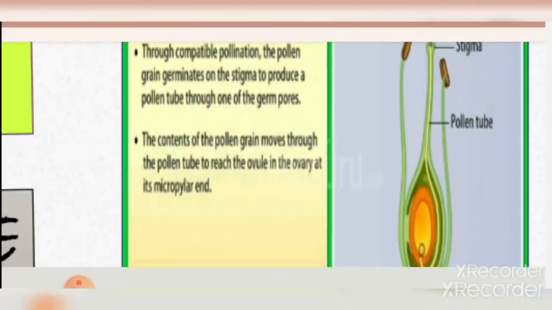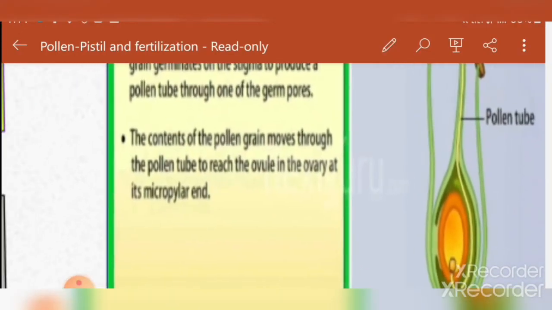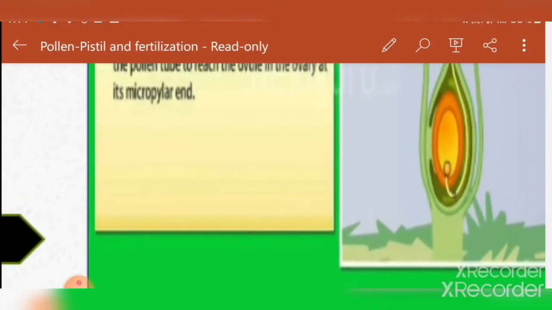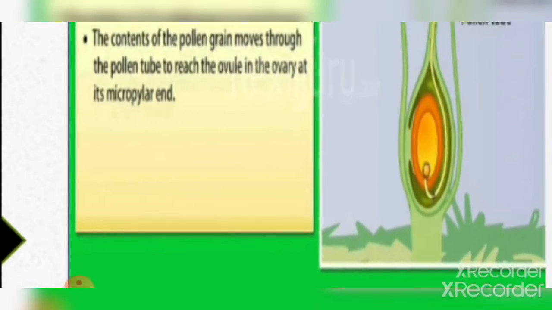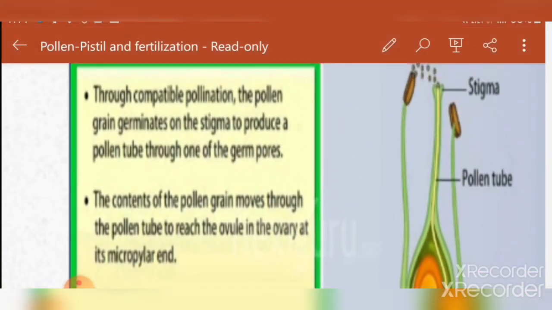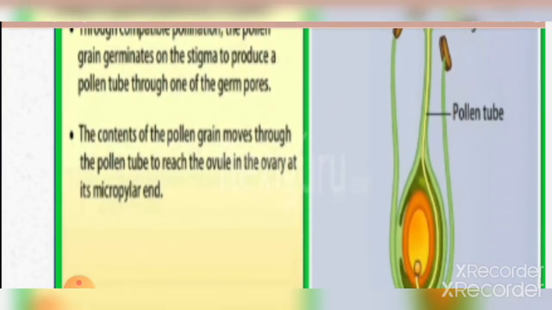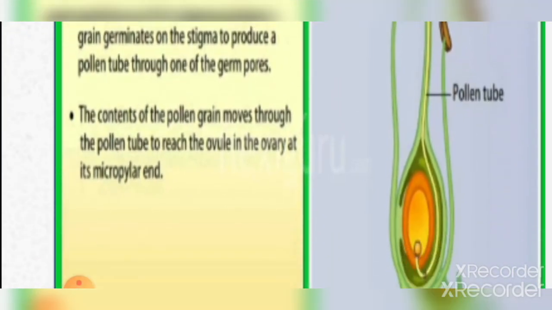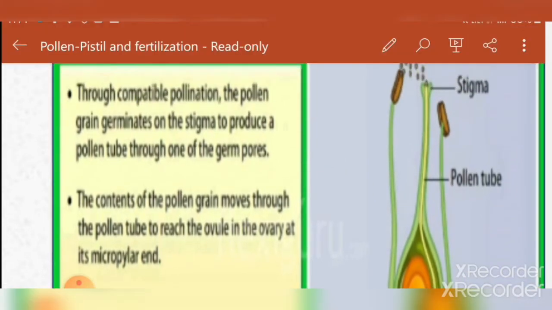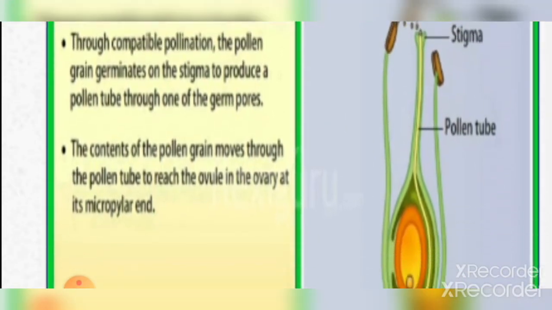What does it tell us? Through the compatible pollen grains, the pollen grain germinates on the stigma. Is it clear? The pollen grain germinates on the stigma to produce a pollen tube through one of the germ pores.